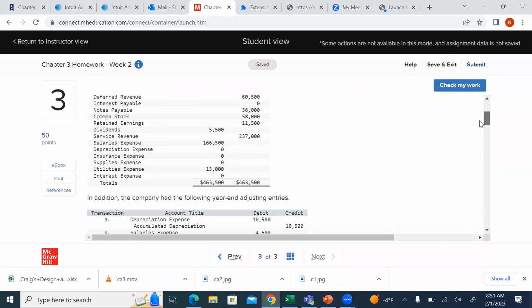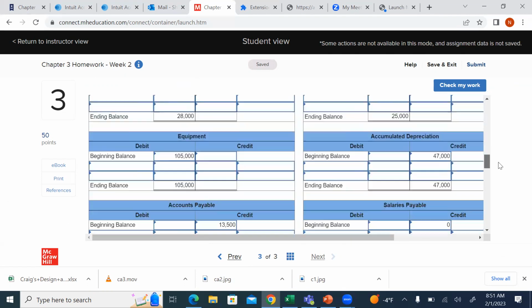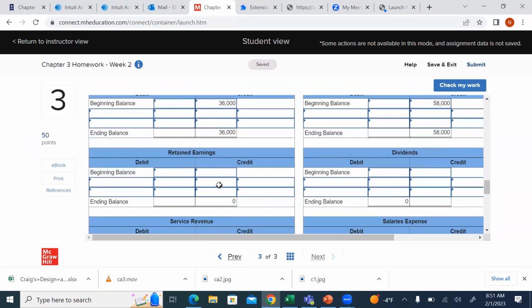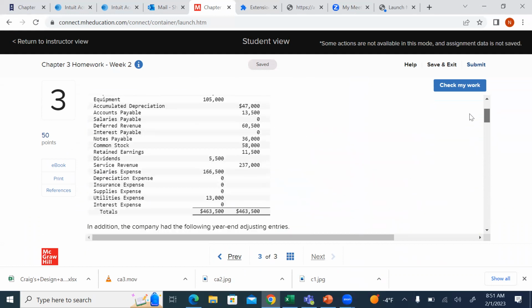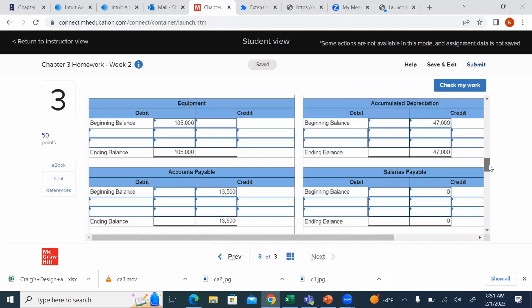Next, retained earnings, 11,500 credit. Next, dividends, a debit of 5,500.